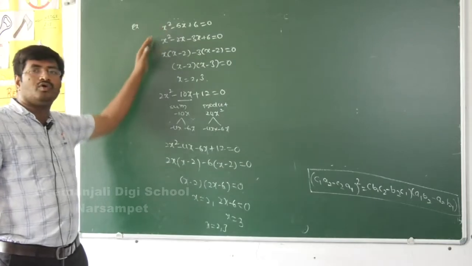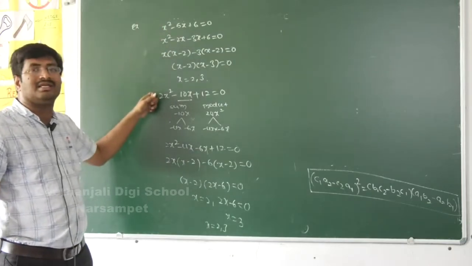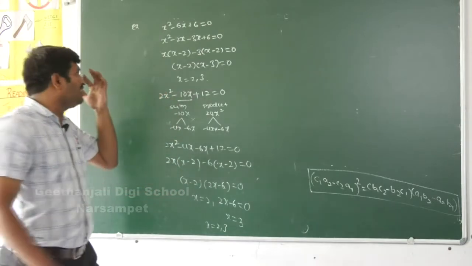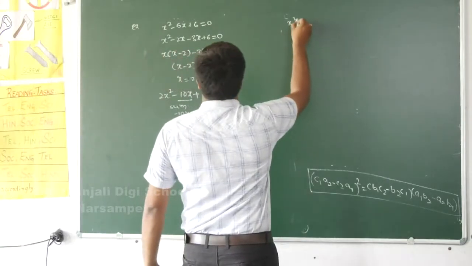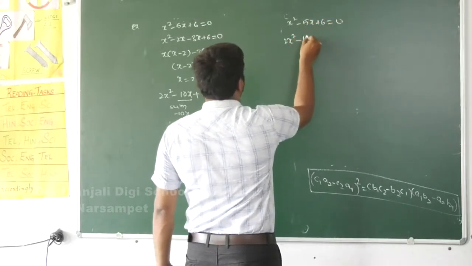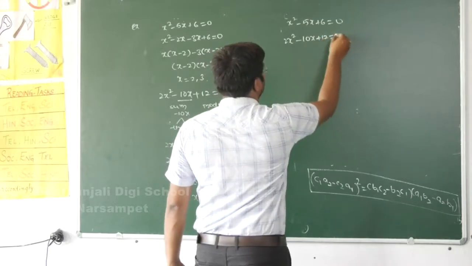You see both quadratic equations have the same roots. That means x square minus 5x plus 6 is equal to 0 and 2x square minus 10x plus 12 is equal to 0.